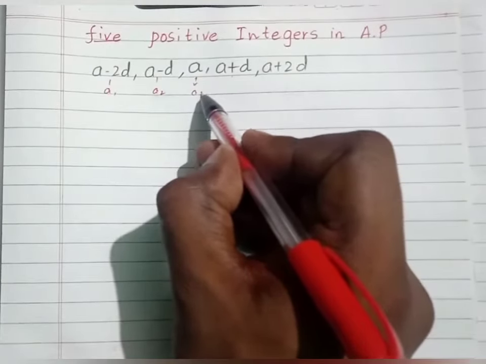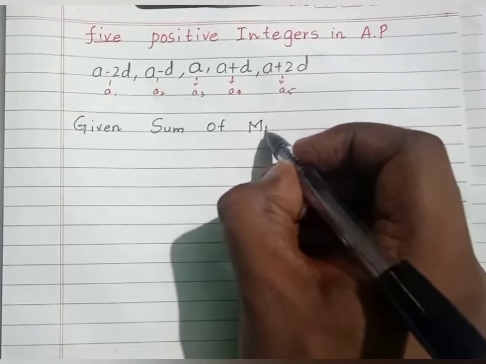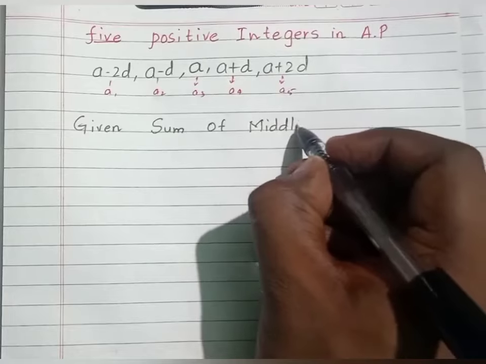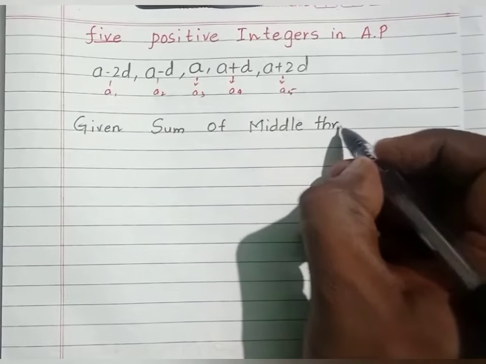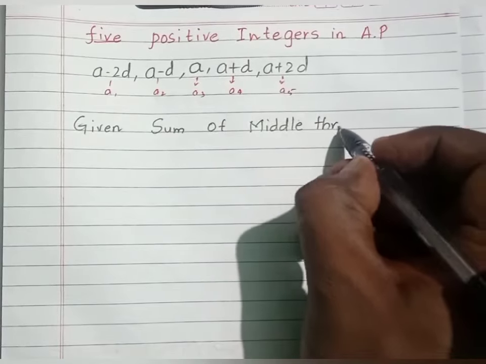The given condition is the sum of the middle 3 terms, that is A2 plus A3 plus A4, equals 24. The sum of the middle terms equals 24.